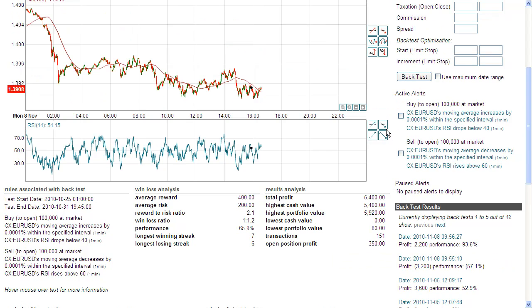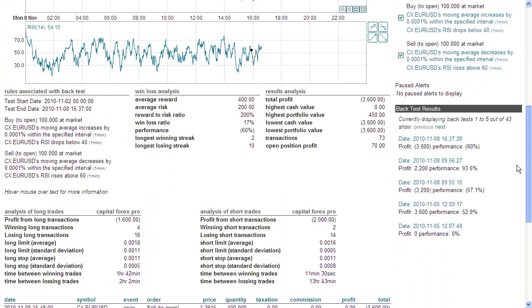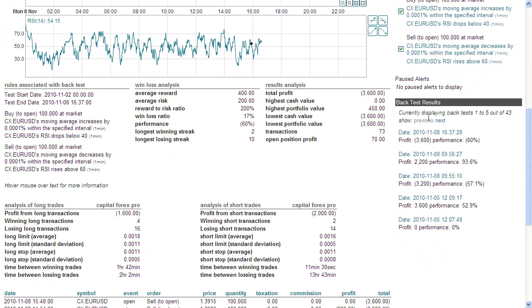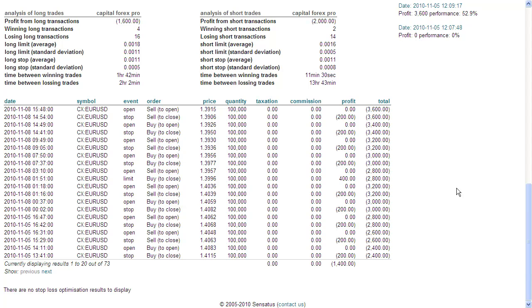So first of all, let's just test the existing rules that we have been running over the last week to check if they correlate with what we saw in real trading. So the performance is largely in line with the simulated trading.